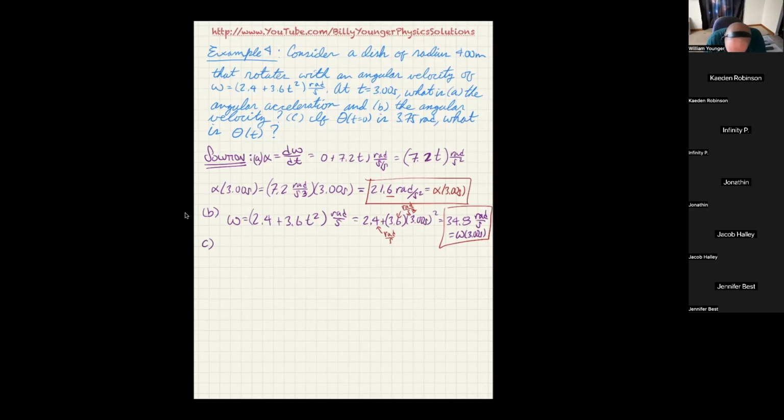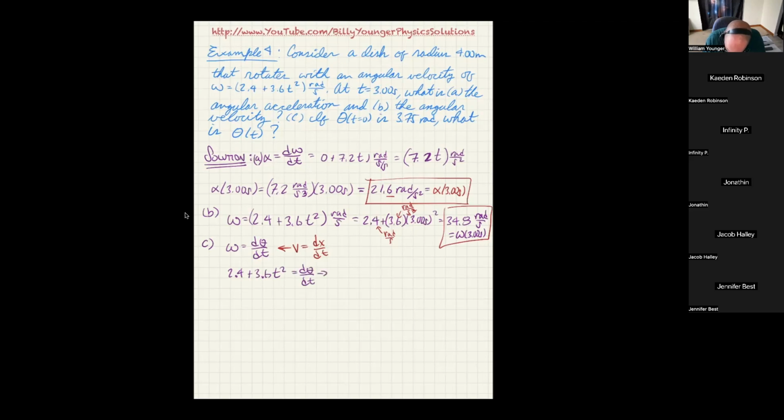So what we know is omega is equal to d theta over dt, and we know that because we already knew that v is equal to dx dt, so we just use the analog again. The analog of v is omega, the analog of x is theta, so I can just integrate this. So I'm going to say 2.4, let's ignore the units for right now, 2.4 plus 3.6 t squared is equal to d theta over dt.